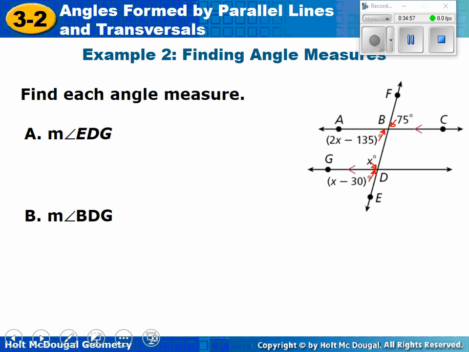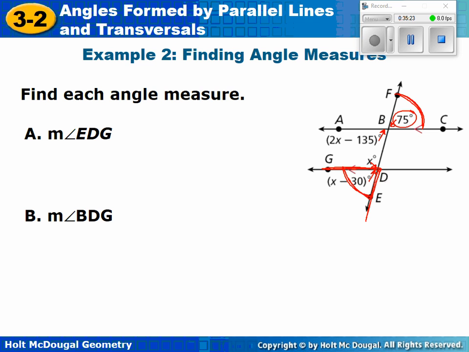They wanted you to find EDG and BDG. You could have made this hard by finding X, but it didn't ask you to find X. So you could have made it really easy. You could have started with 75 and found every angle measure and then quickly answered these questions. EDG is this angle down here. What kind of angles are this angle and 75?